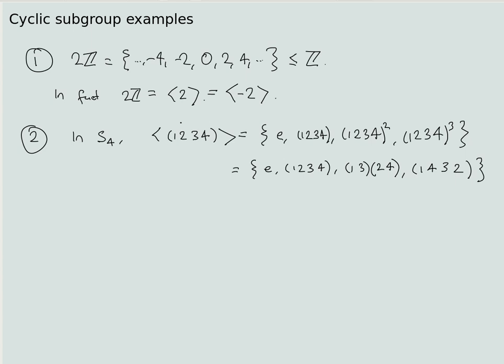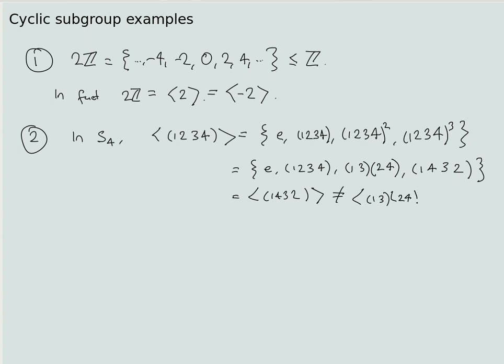Okay, so there is a cyclic subgroup generated by (1 2 3 4). If you look at the cyclic subgroup generated by (1 4 3 2), you get the same thing, but it wouldn't be the same as the cyclic subgroup generated by (1 3)(2 4).